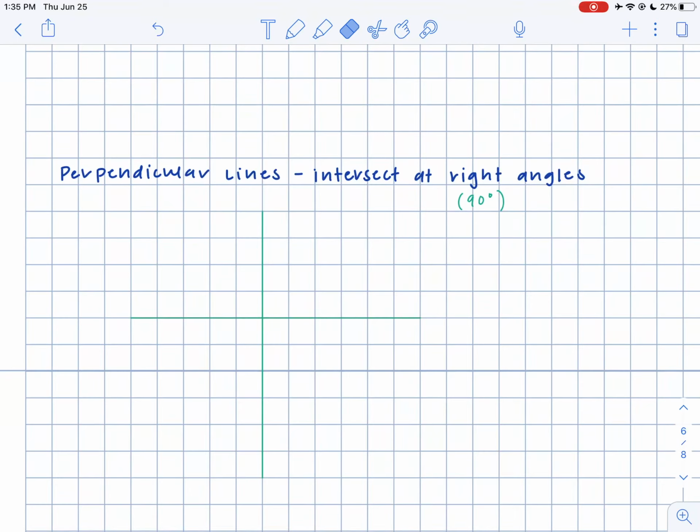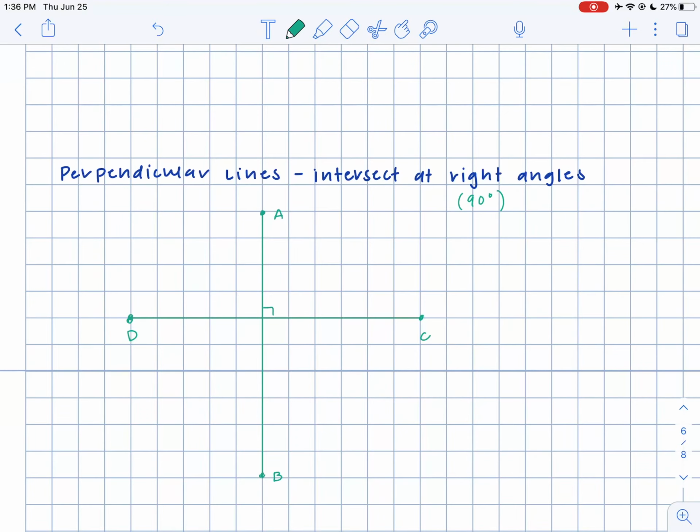Okay, so when we say the word perpendicular, this is to describe 2 lines. It's not to describe one line. It has to describe a relationship between 2 lines, okay? So it could be lines, rays, or segments. So let's say these are segments.